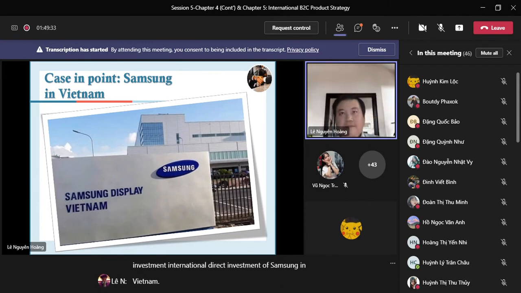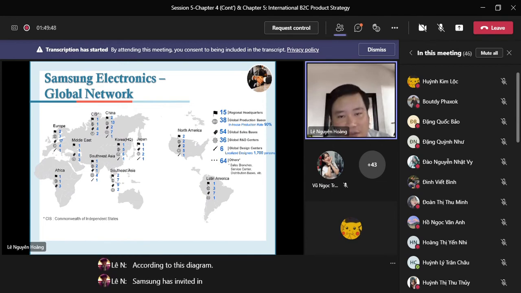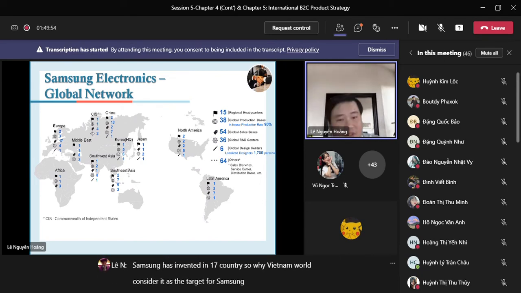Okay, so according to this diagram, Samsung has invested in 17 countries. So why was Vietnam considered as the target for Samsung direct investment? Do you have any idea? Where is Vietnam in this map?